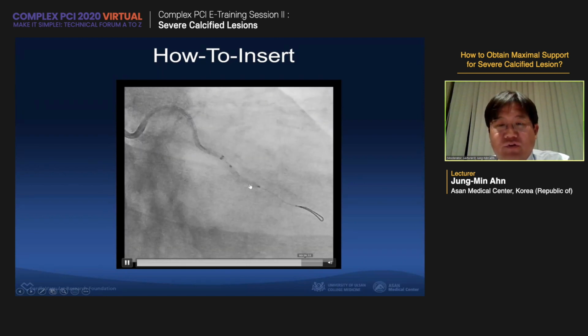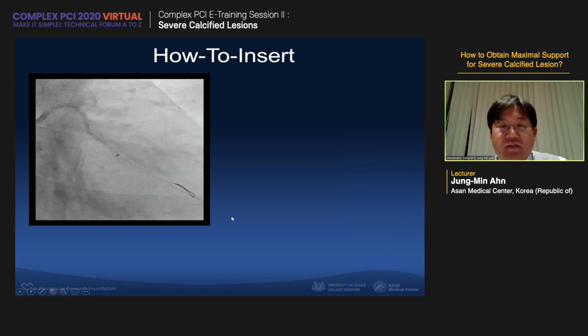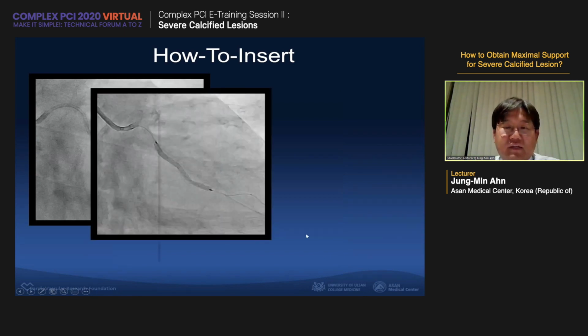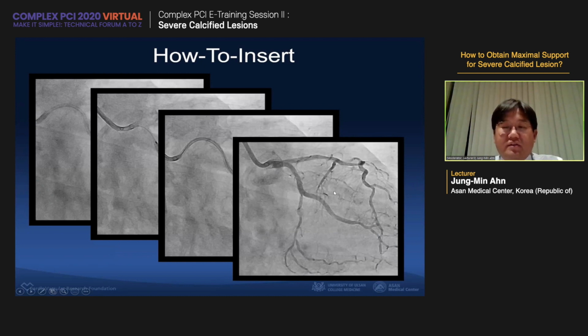You can come to the final lesion, easily deliver the long stent like this, and then treat the very long, calcified, tortuous lesion successfully.